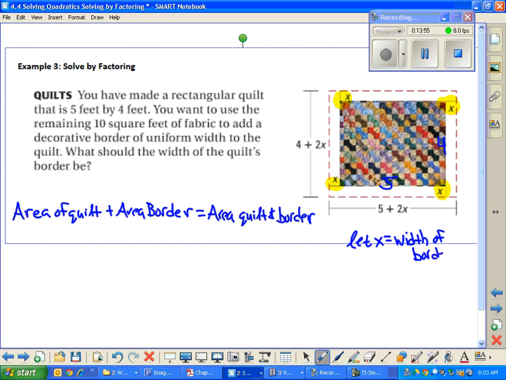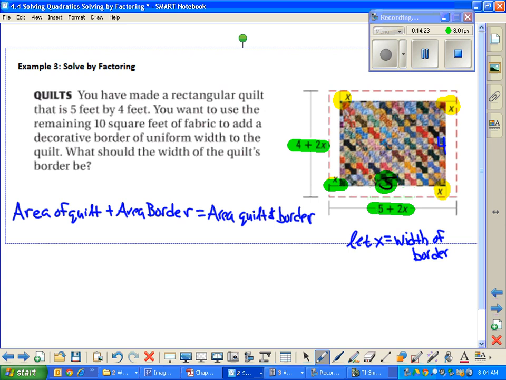I think what's also interesting to note in this diagram is a little bit about how they came up with 5 plus 2x, or for that matter, 4 plus 2x. That's something that's interesting to think about. Let's talk about maybe the 5 plus 2x. Do you see how originally this little quilt here was 5 feet in length, but then they have to add on an X over here to get the border.